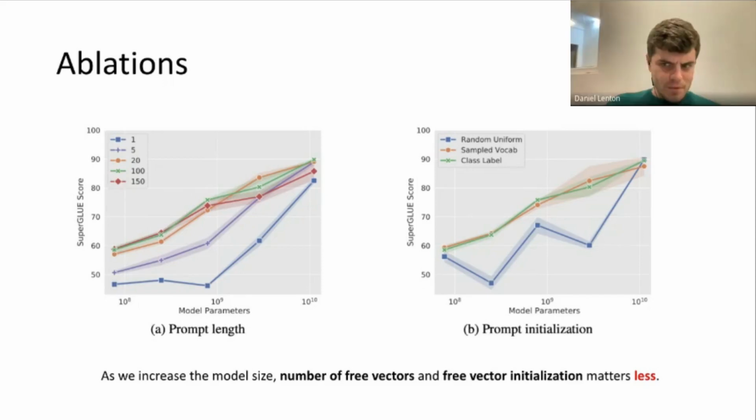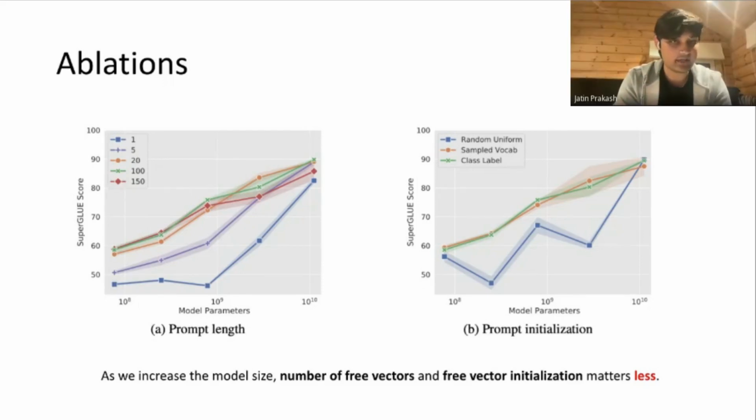So as I was saying, the number of these free vectors starts mattering less as we increase the model size. As the model size grows, all the different numbers of free vectors lead to almost the same performance, and we get only marginal gains.